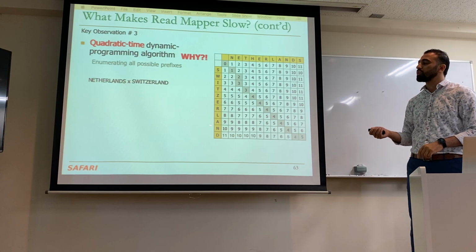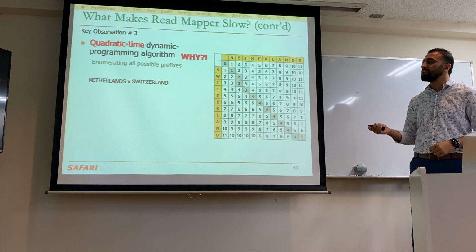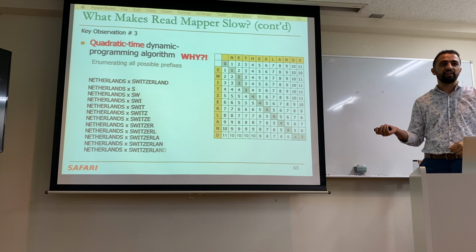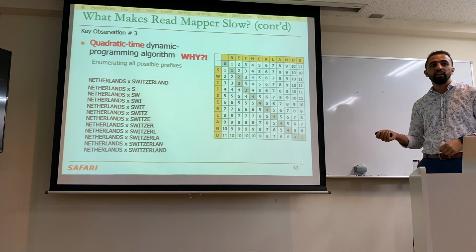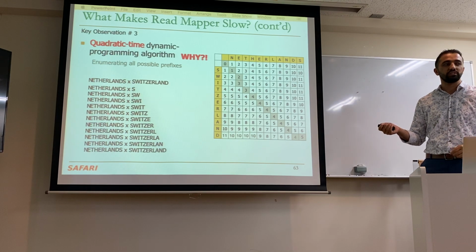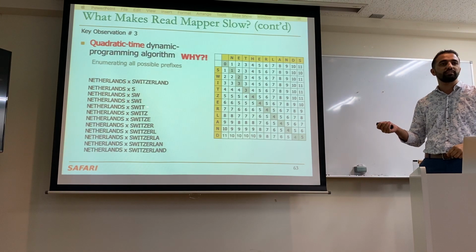Why is that? Because when we compare Netherlands to Switzerland, or any 2 strings, you really need to enumerate all possible prefixes when you do the comparison. For example, Netherlands to S, Netherlands to SW, and so on. So you can see a lot of repetition there. A lot of repeated computation is going on: the S is already involved in SW, SW is already involved in the next, and so on.